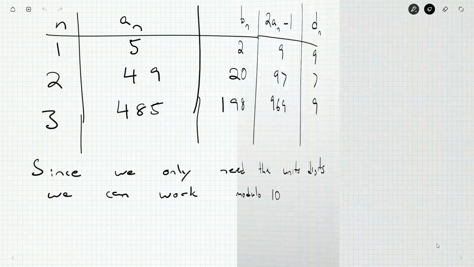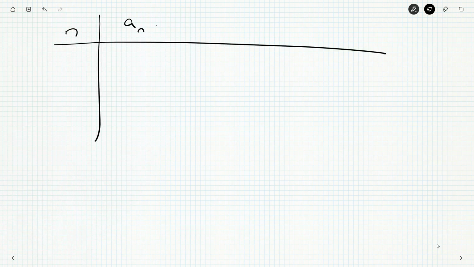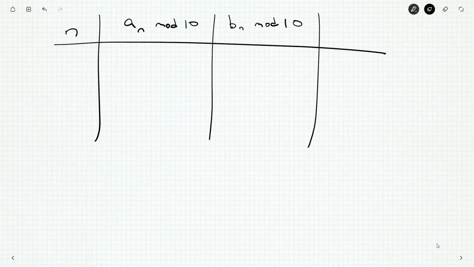So let's make a different chart. And this one should go a little faster, because I don't have to do as much with my calculator. So I'm going to say AN mod 10, BN mod 10, and then 2AN minus 1 mod 10. But really that's just equal to BN.